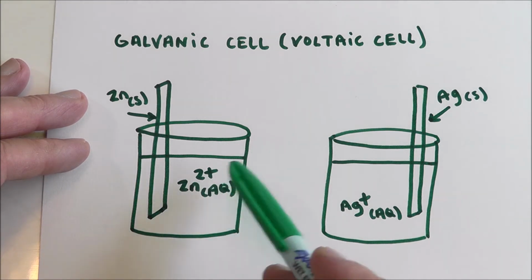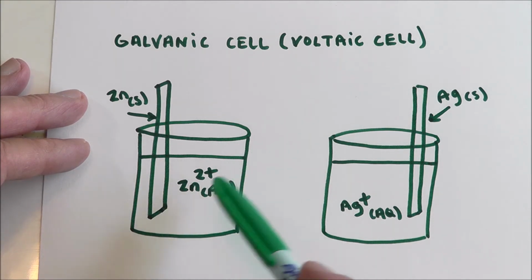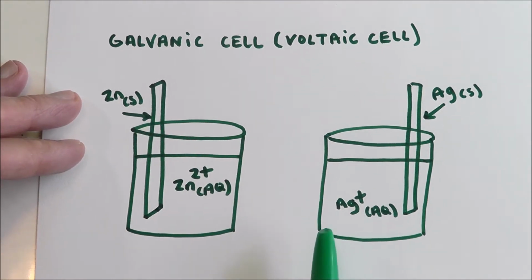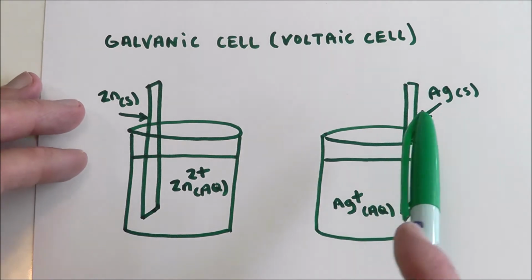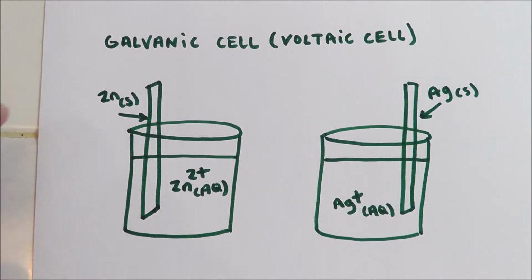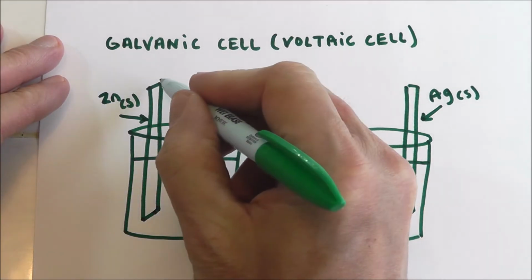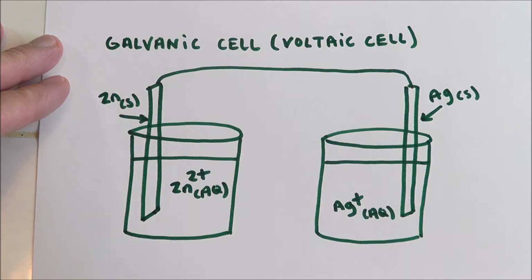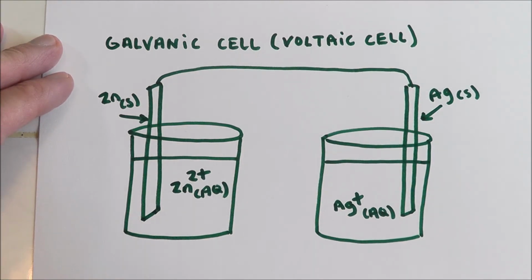But the real action will be not in the other ion, but in the positive ion. So zinc in contact with zinc 2+, silver, because we spare no expense here, in contact with silver ion. Now what happens if I connect these by a wire? That reaction above will proceed, and it'll just trade electrons through the wire.